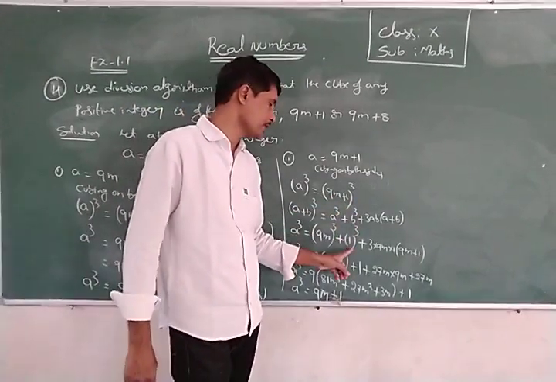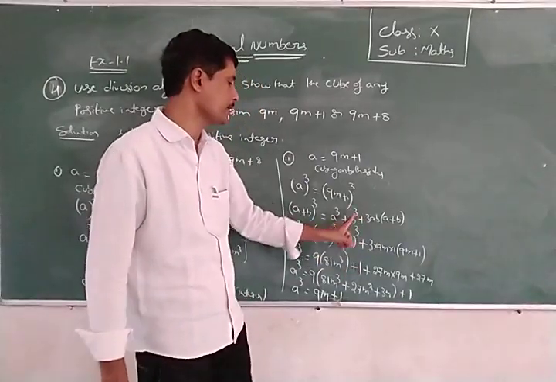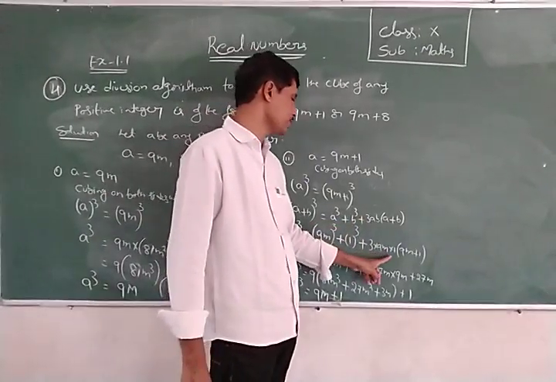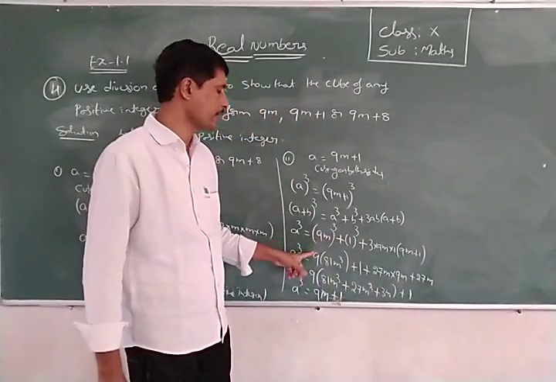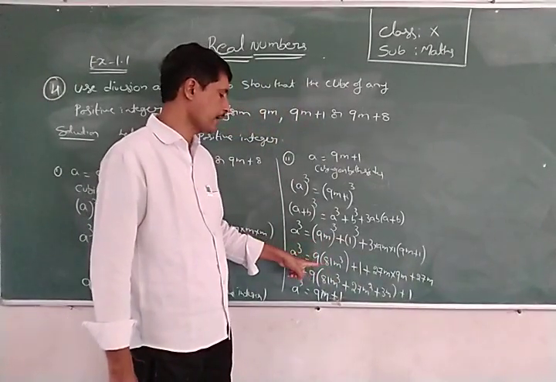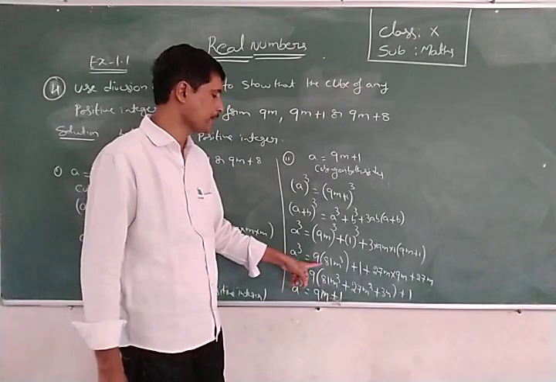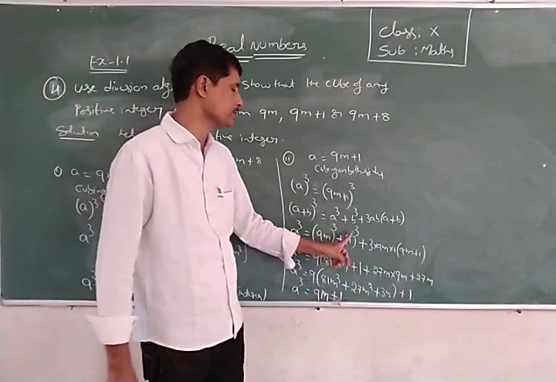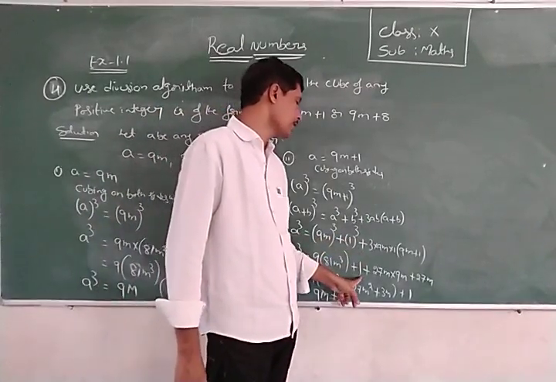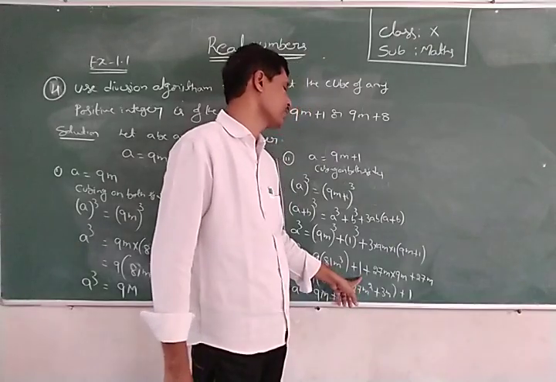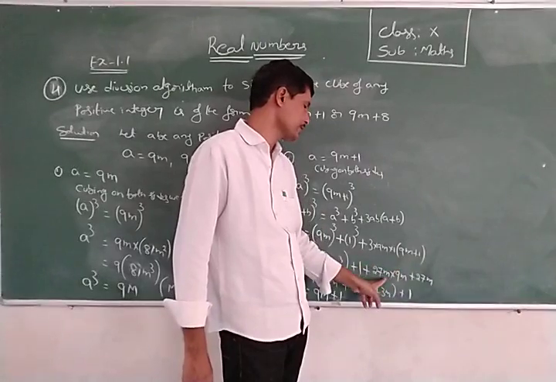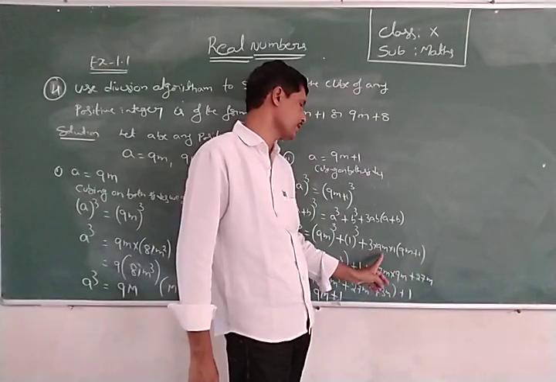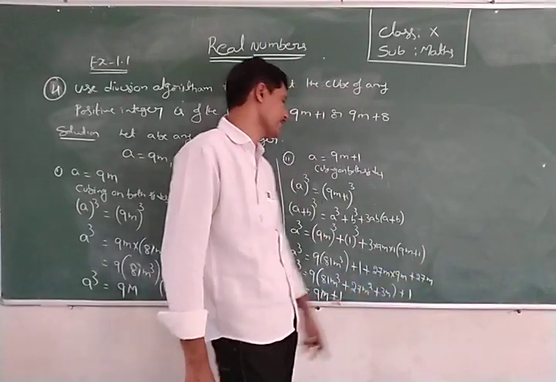In place of b, 1 is there, so 1 whole cube, plus 3 into 9m into 1 into (9m plus 1). Here (9m) whole cube can be written as 729 m cube, or 9 into 81 m cube, plus 1 whole cube, that is 1 only. Then 27m into 9m, plus 27m into 1, that is 27m.